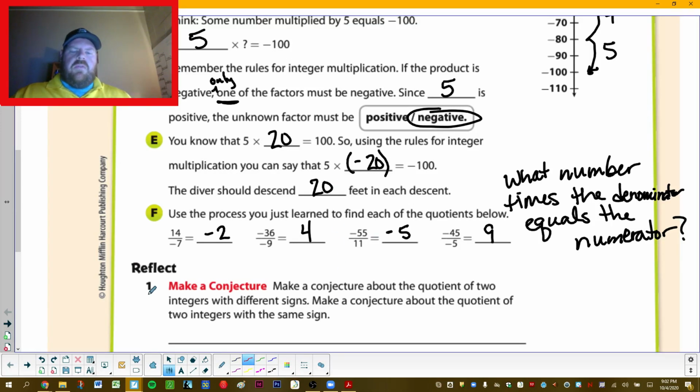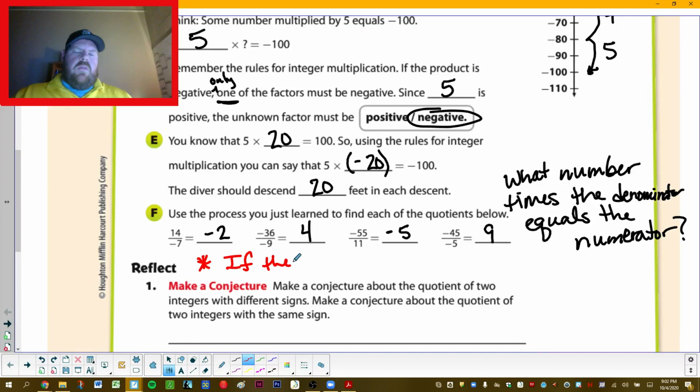And I'm going to write it kind of as an important piece. I'm going to say if there are negatives, then there are exactly 2 negatives.